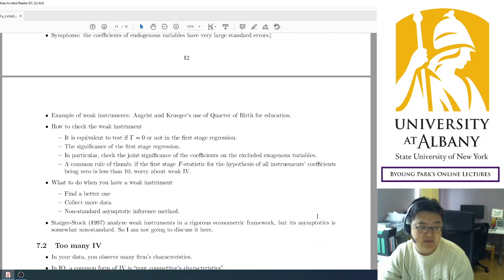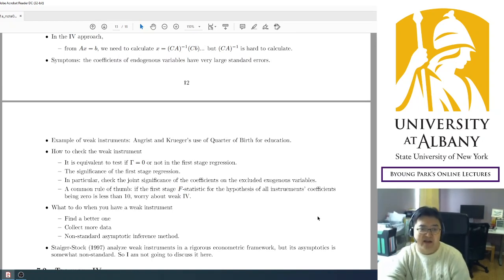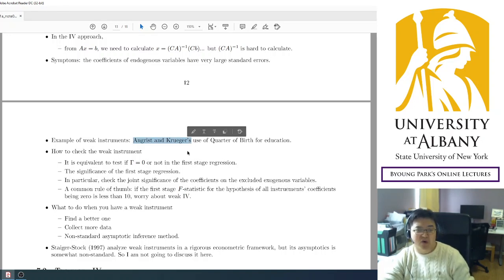And here is an example. Interestingly, it's the example that I gave you earlier. Angrist and Krueger's use of quarter of birth for estimation of the effect of education on wage is also a good example of a weak instrument. That paper was published in 1991.